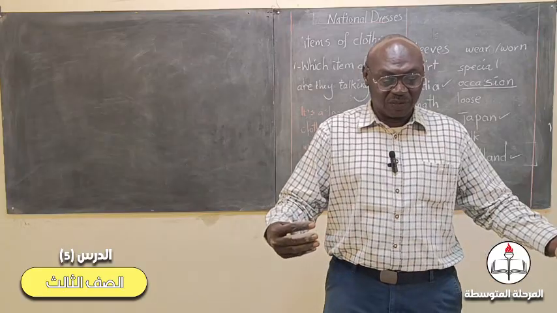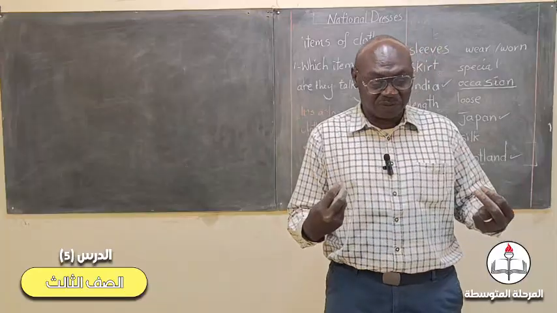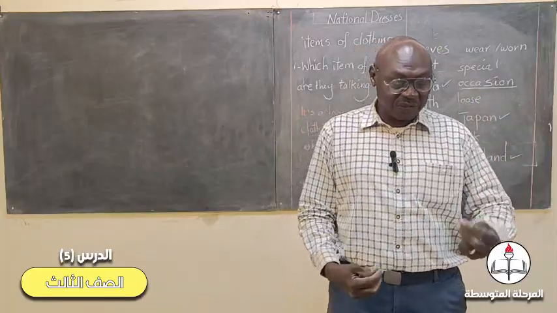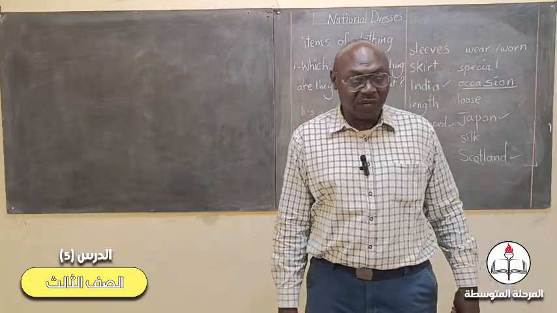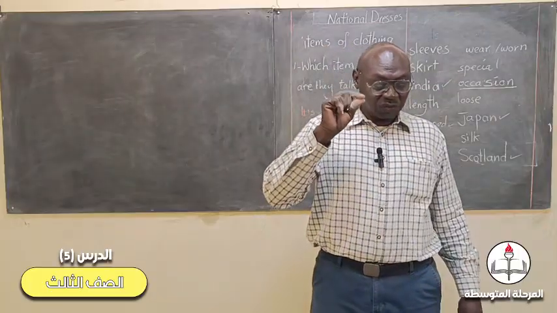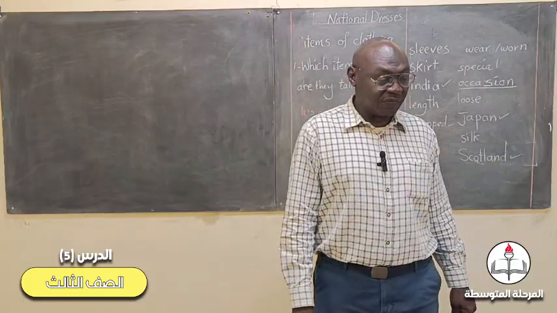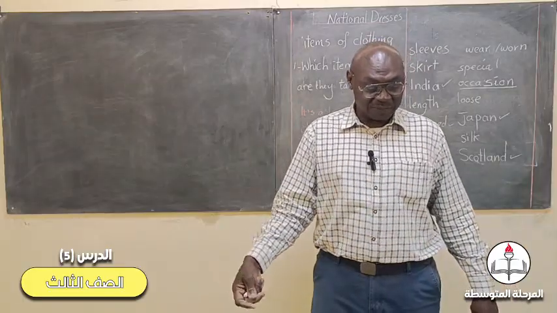What are they wearing? Choose 2 persons from your family, mother and father. Okay, I'm going to do an example. The first question, what do they usually wear every day?